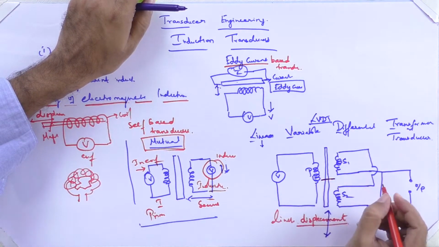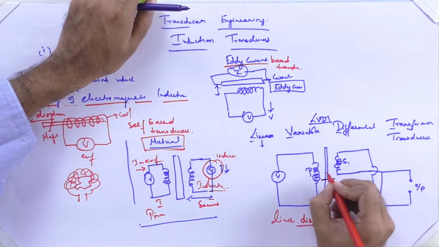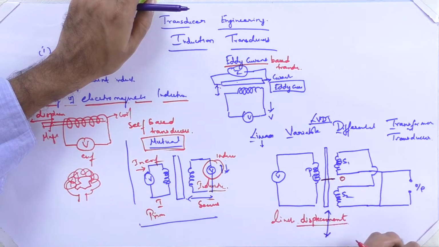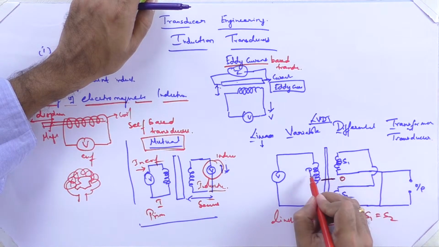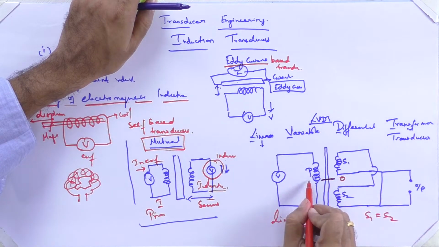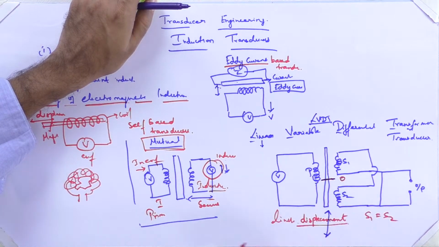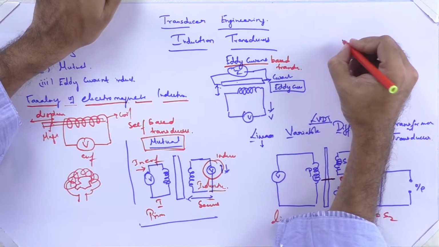Are you able to understand? When you put the rod in the mid position it is 0, that is S1 equals S2. The voltage produced from S1, because of the mutual inductance between P1 and S1, and between P1 and S2, produces two mutual inductance values, the V values. Let us take V1 and V2, I can write it here.